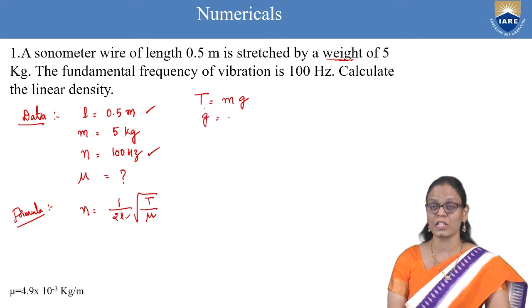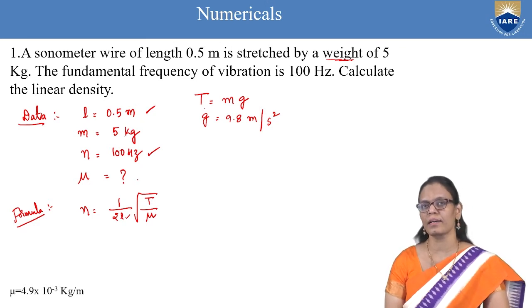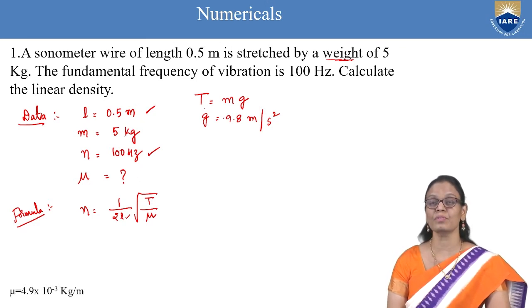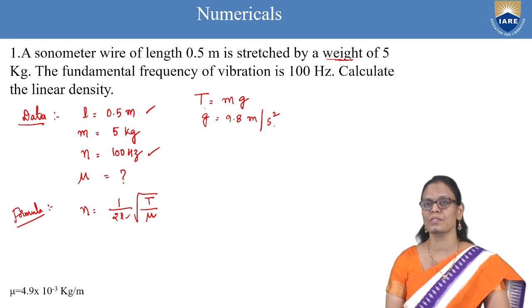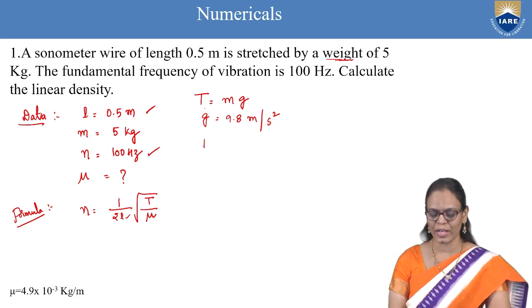So the value of g, acceleration due to gravity, we take it as 9.8 meter per second square, because all the other quantities are in the SI system. So we are going to take the value of g also in SI. So tension T is given by m. What is the mass? 5 kg multiplied by 9.8.